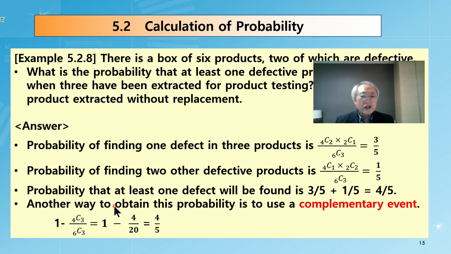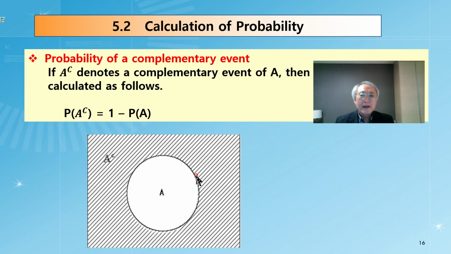But you may consider that whenever you see the words at least, you can subtract from 1, such that you select all 3 from the good items. It's the same answer. This is what we call the complementary event. Calculation of probability using the complementary event looks like this. This probability can be calculated as 1 minus the probability of A.